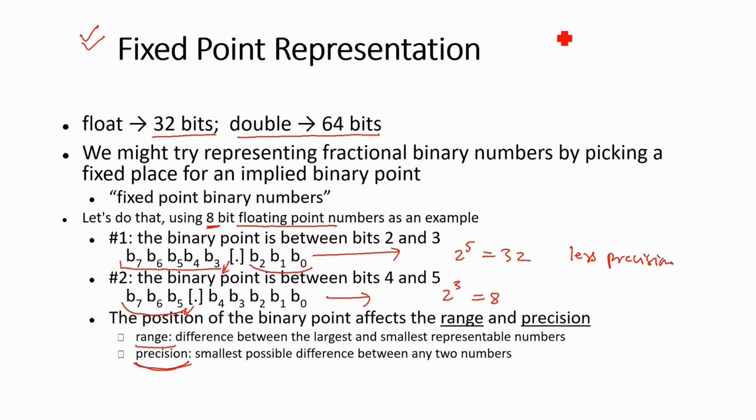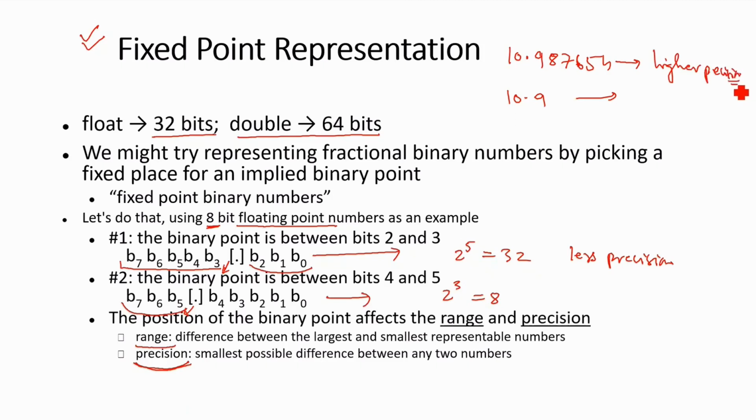Suppose in the decimal number system, someone is writing 10.987654, and another one is writing 10.9 only. Which one is having the higher precision? In this case, the first number is having the higher precision.